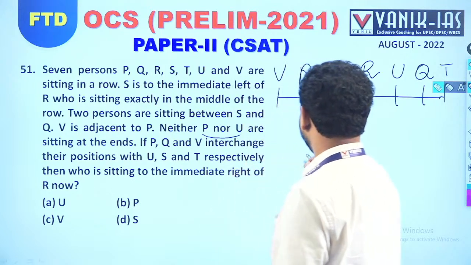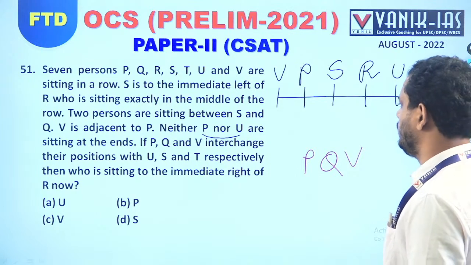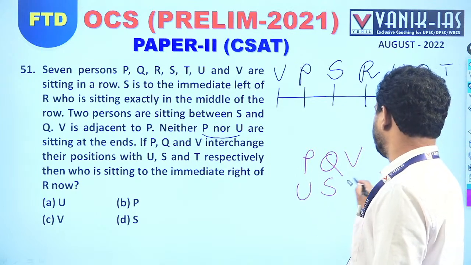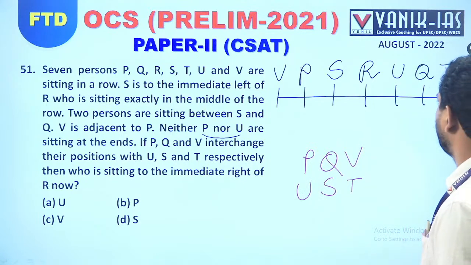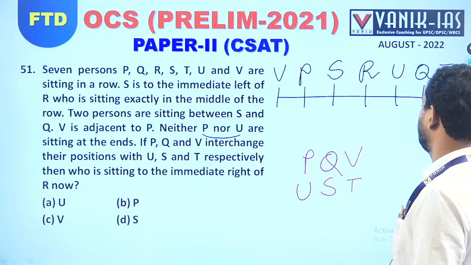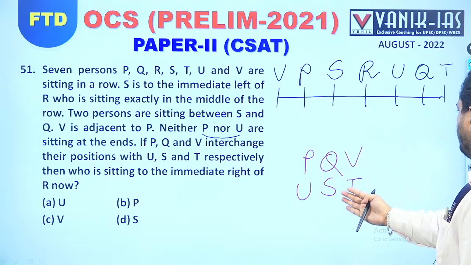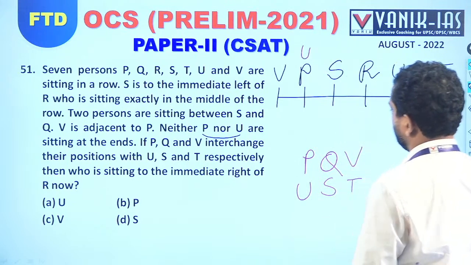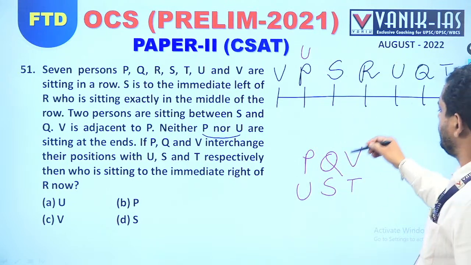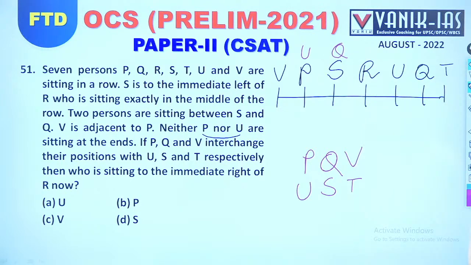If P, Q, V interchange positions with U, S, T respectively, then who is sitting to the immediate right of R now? We need to do the interchange quickly.